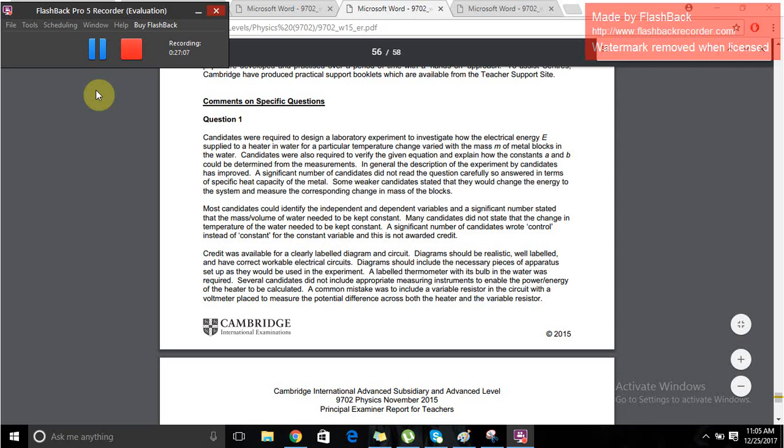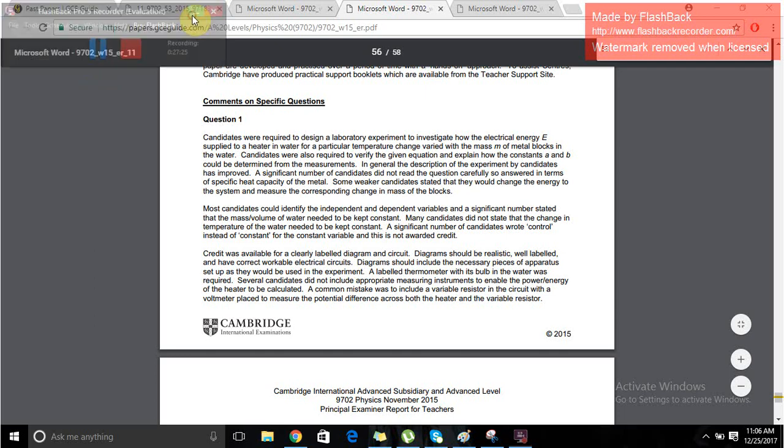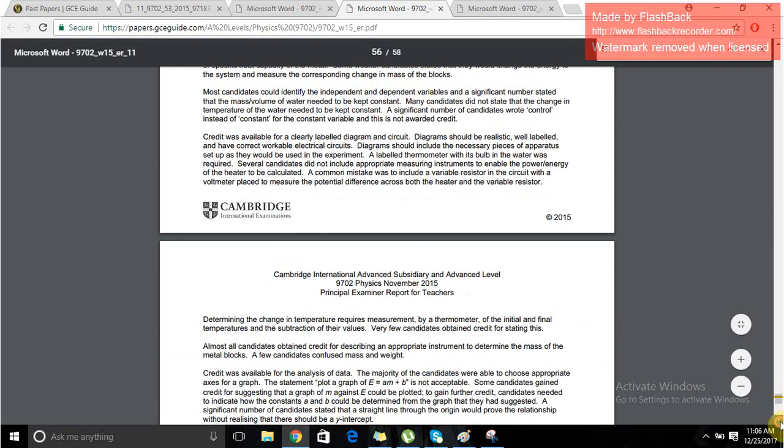A common mistake was to include a variable resistor in the circuit with a voltmeter placed to measure the PD of both heater and variable resistor, which is sucky because we want the voltage of just the heater. But there would obviously be some voltage drop across the variable resistor, and that is the point.